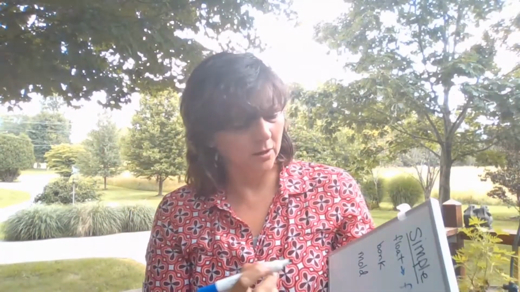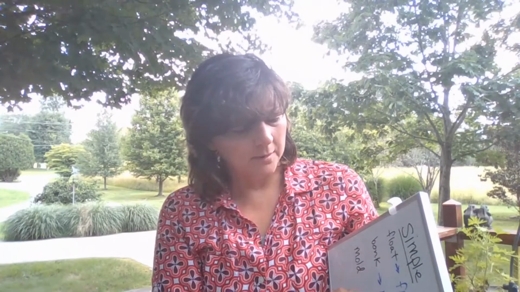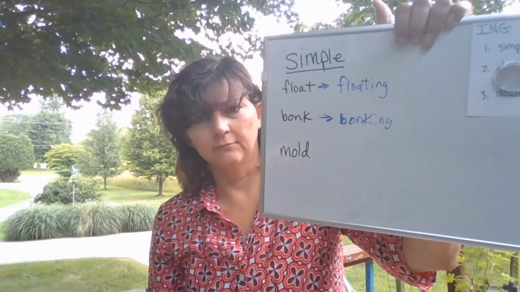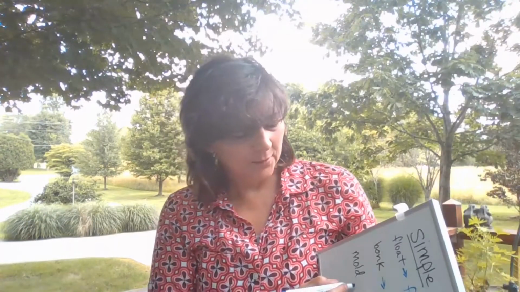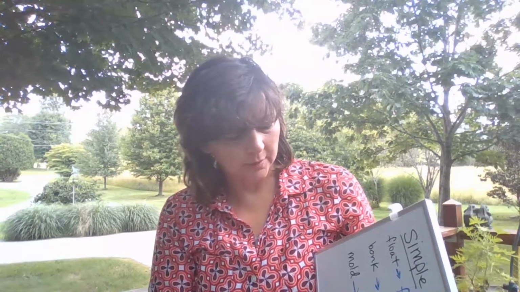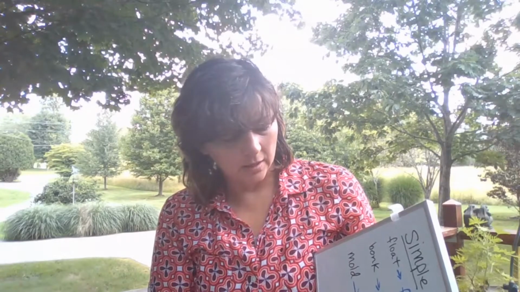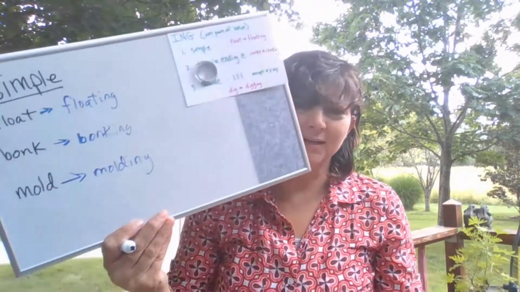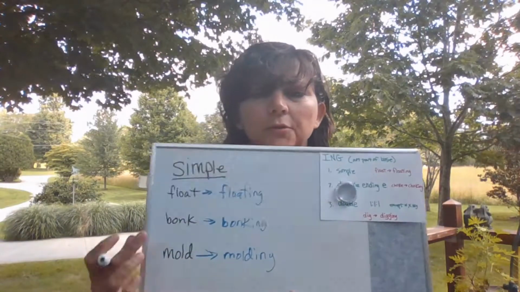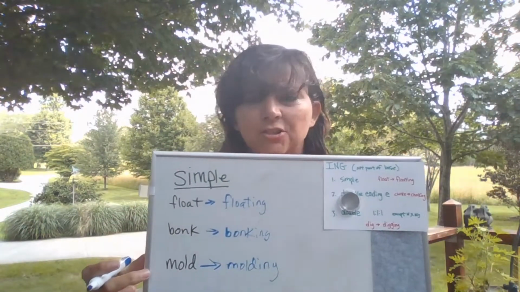Don't bonk me on the head. I'm bonking you. Bonking. Whoa. Then we've got like mold. If there's mold around the house, you might say my cheese is molding. So those 3 simple forms are to just add ing.